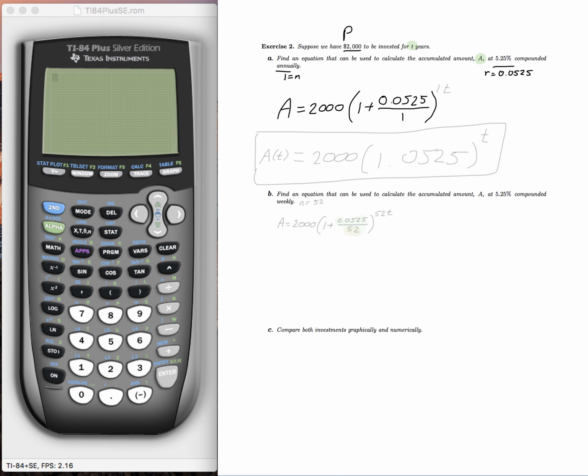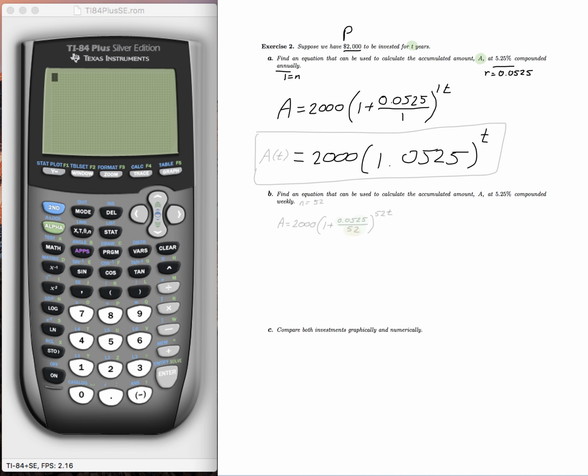And our exponent should be n times t, so that's 1t. So a few things will simplify. Inside of the parentheses, we just have 1 plus 0.0525. So we could write this as 2,000 times 1.0525. And our exponent we could just call t.